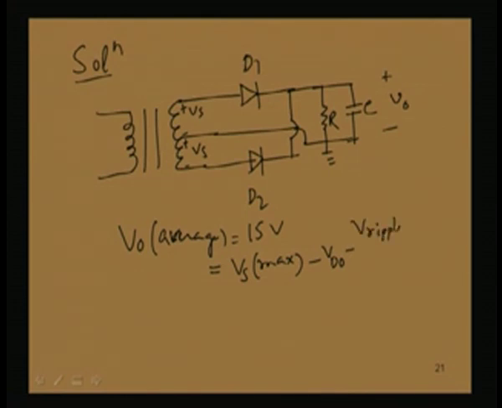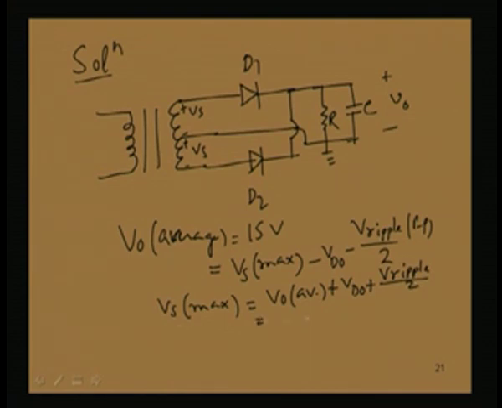We have got this expression for full wave rectifier along with capacitor filter. This is peak to peak. Now, assuming triangular ripple, we have analyzed it. So, Vs max can be found out. So, Vs max is V naught average plus Vd naught plus V ripple peak to peak by 2.